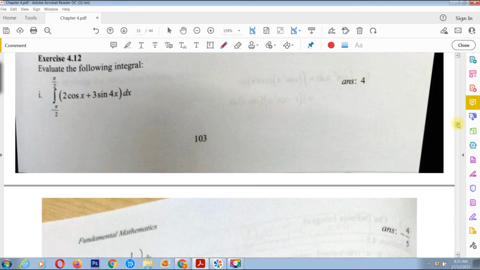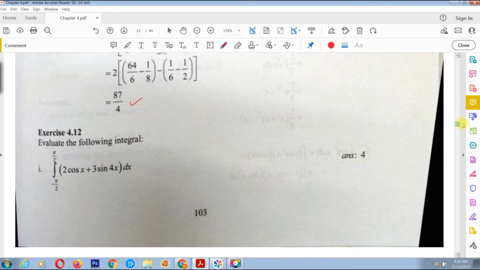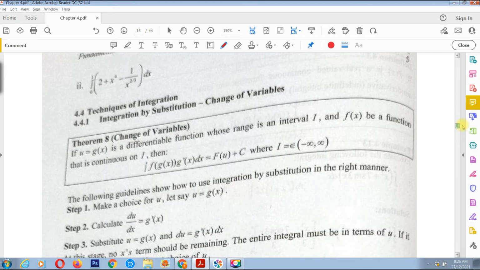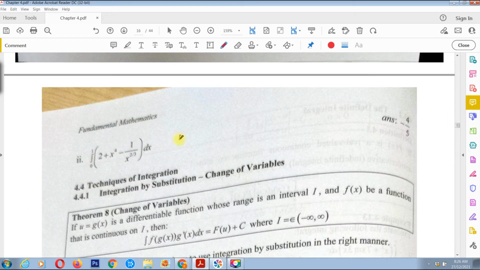Okay, so this is cosine, so you need to differentiate cos and sine first, and here you will have, so integrate 2 from 0 to 1 dx plus integrate x to the power of 4 from 0 to 1 dx minus integrate x to the power of negative 2 over 3 dx. Simplify, then you put the value inside.